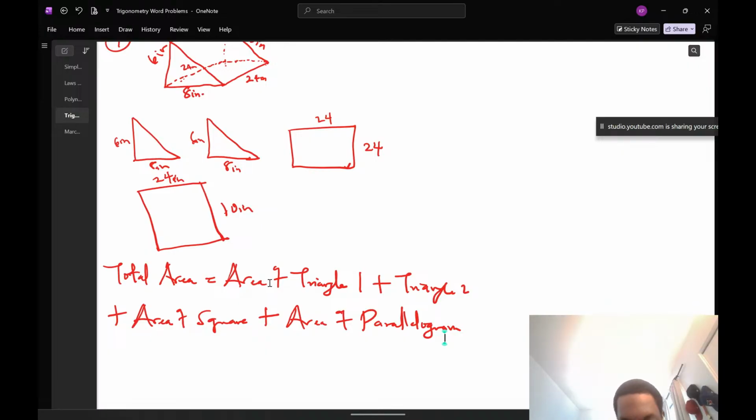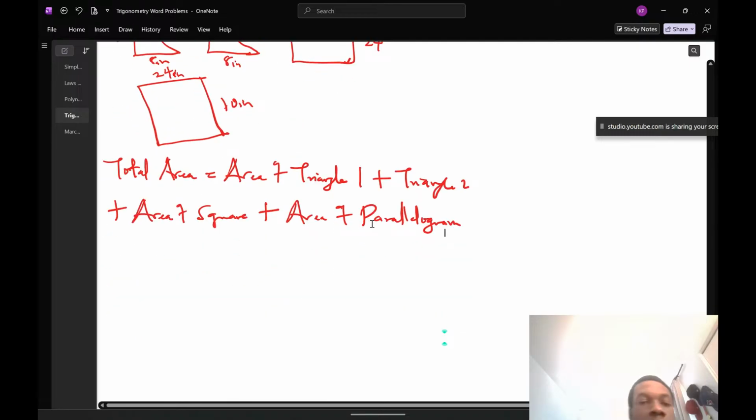So I just want to quickly look for the area of a parallelogram. Okay. It says that the area of a parallelogram is base times height.